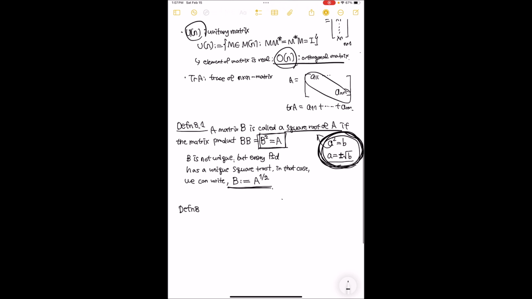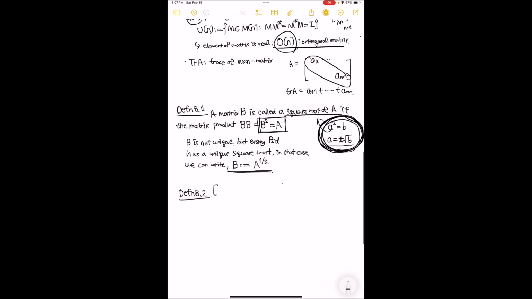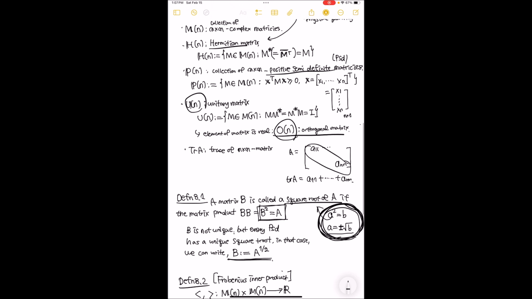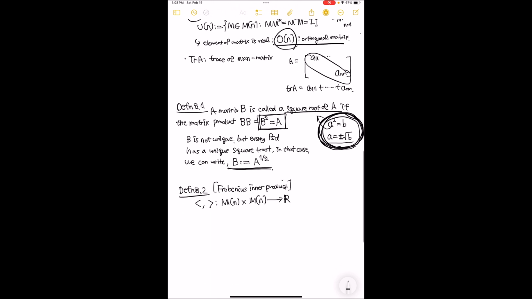Let's see another definition, the Frobenius inner product. It is defined on complex matrices, Mn the collection of complex matrices.